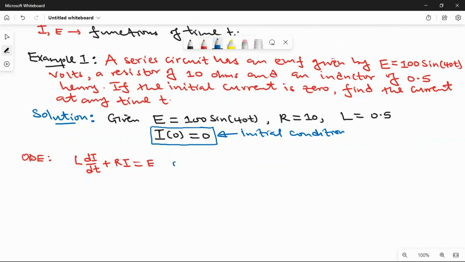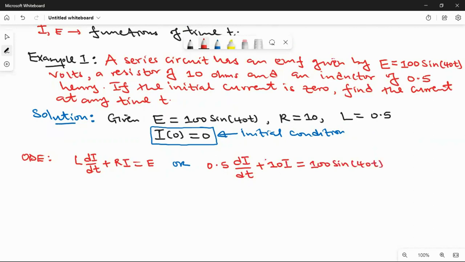If I substitute those values, I am going to get 0.5 times di dt plus 10I, since our R is 10, equals our EMF, 100 sine 40t.